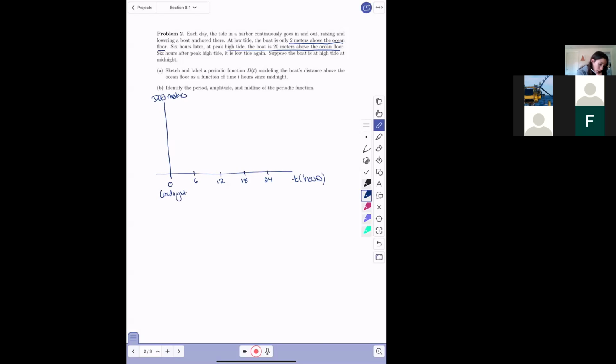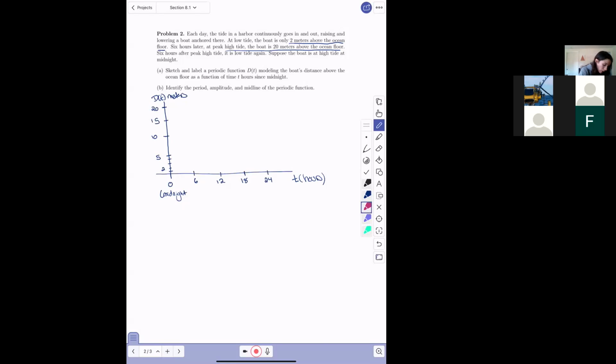Important values are 2 and 20, so I'll put 20 here, 10 here, 5, 15, 1, 2, 3, 4. Okay. So 2 is here. And we know that at midnight, suppose that the boat is at high tide at midnight.